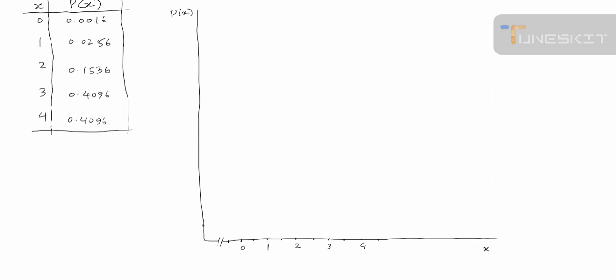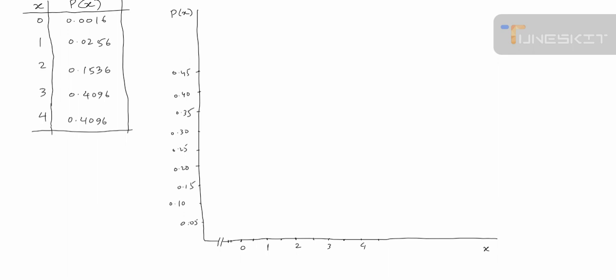So what we can do, we can take this as 0.05, then this as 0.10, then this as 0.15, then this as 0.20, then this as 0.25, then 0.30, then 0.35, then 0.40, and then 0.45.